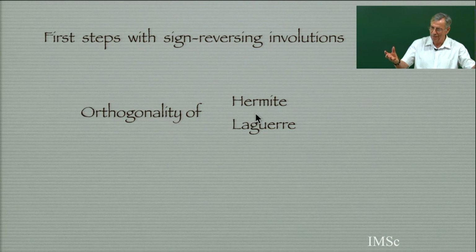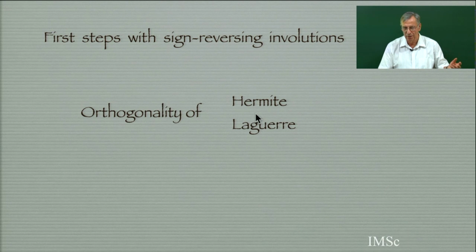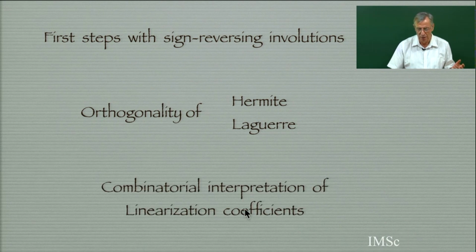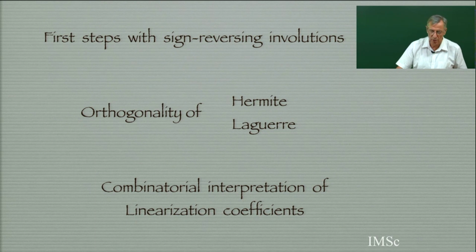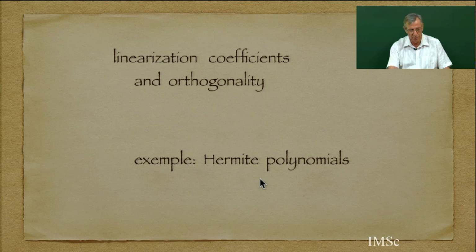So you have to combine the two interpretations, the polynomials themselves and the moments, and the combination of the two is a combinatorial interpretation of what is called the linearization coefficient. I will do this linearization coefficient for the Hermite polynomials. So what does linearization coefficient mean?